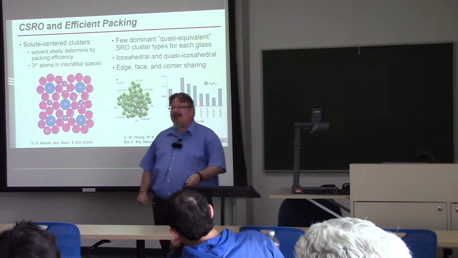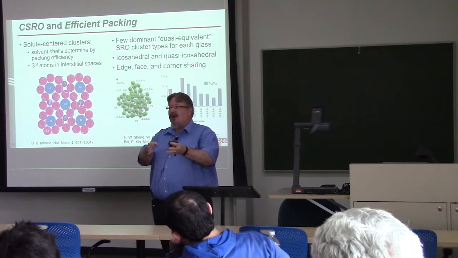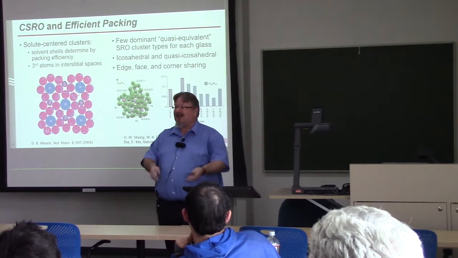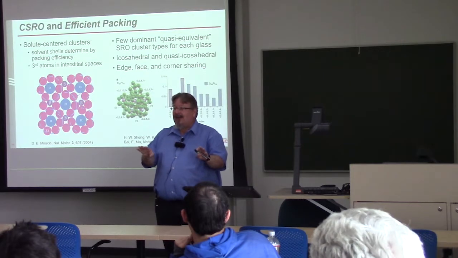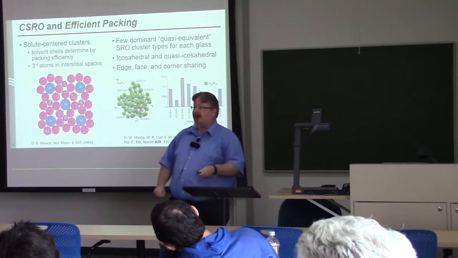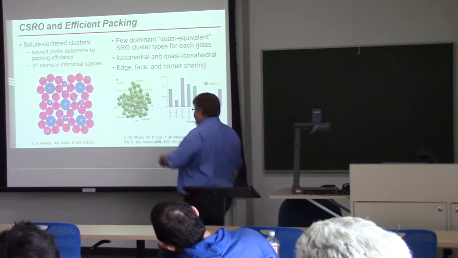You should not take that seriously because if there was such strong order of the solute center atoms, it would show up as Bragg peaks in diffraction, which are definitely not there. It's just a way to build out the next longer length scale of order beyond these nearest neighbor clusters.